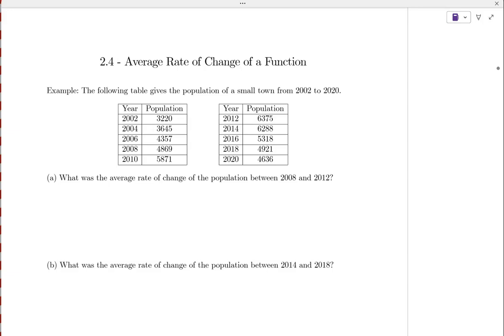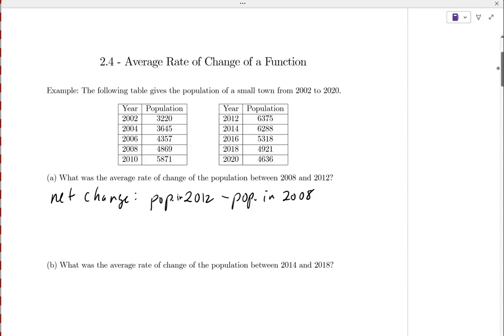If we're just asking for net change in the population from 2008 to 2012, what would you do to find the net change in the population? Good. Yeah, the net change would be the population in 2012 minus the population in 2008.